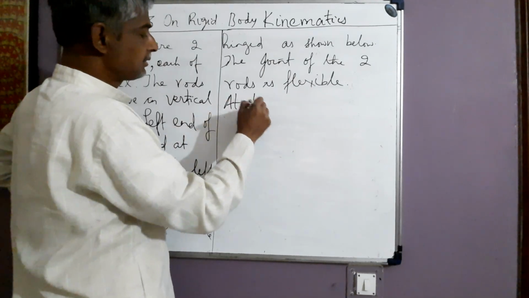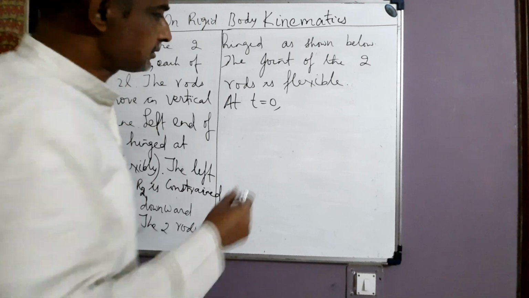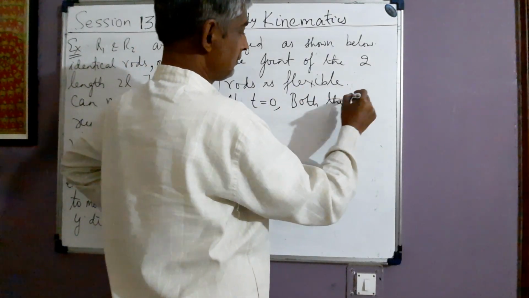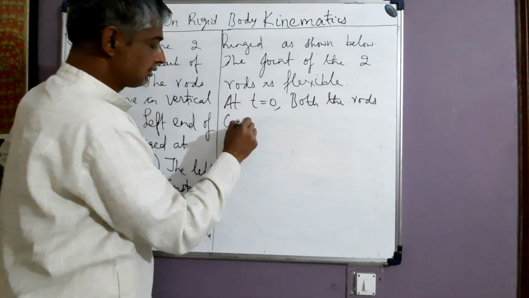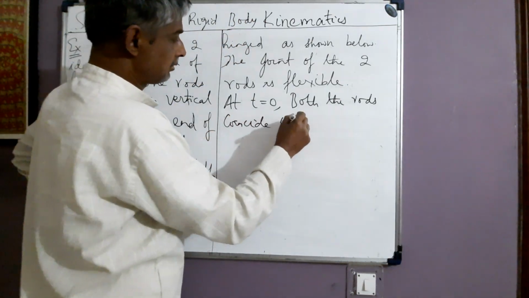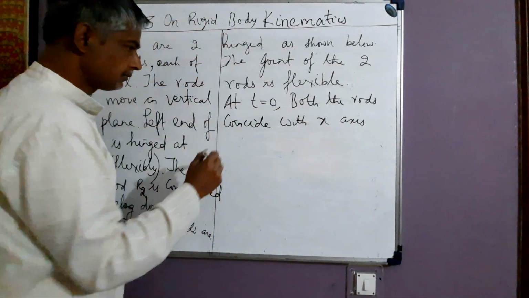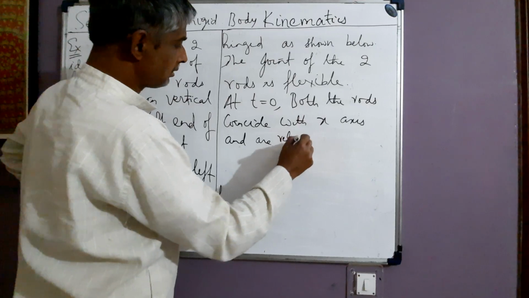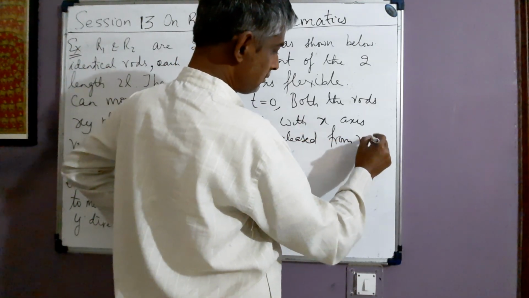At time t equals 0, both the rods coincide with the x-axis and are released from rest.